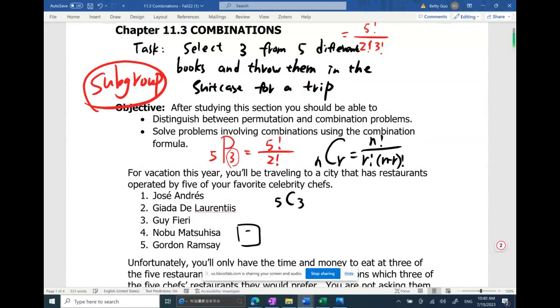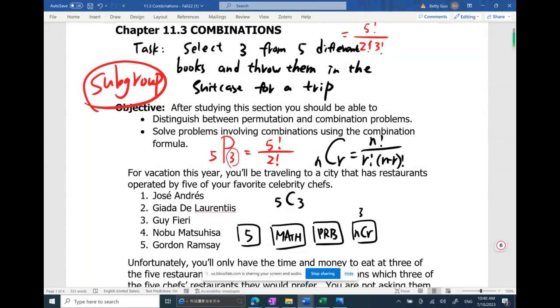You first enter 5, and then you push the button MATH and go to PRB, probability, same as earlier. In the menu you will see number 3, which is nCr, right below nPr. Number 2 is permutation, number 3 is combination.